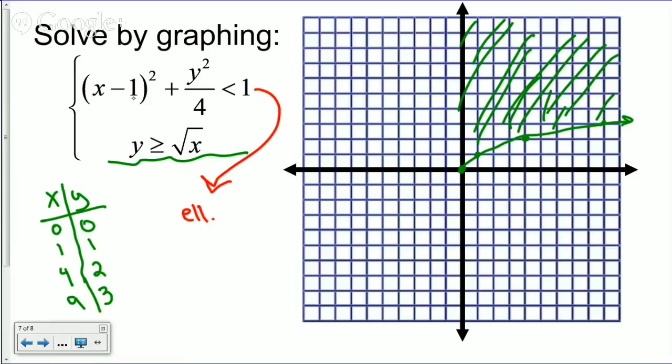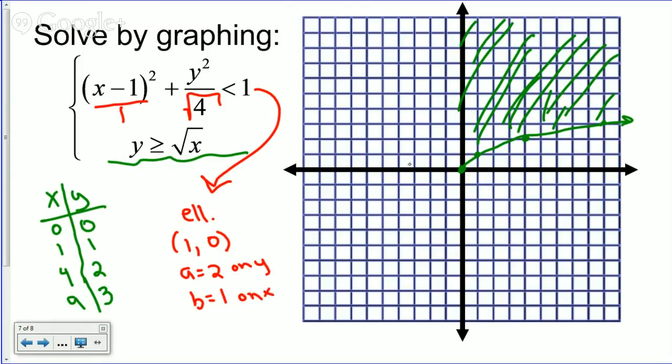And notice I've got parentheses, so that tells me that the new center is at 1, 0. Okay, there's no parentheses here, but this parenthesis tells me it moves in the x direction. Okay, and then this is over 1. So a in an ellipse goes with the bigger number, so it's the square root of 4, which is 2. And b is 1. And let's see, a was on y and b was on x.